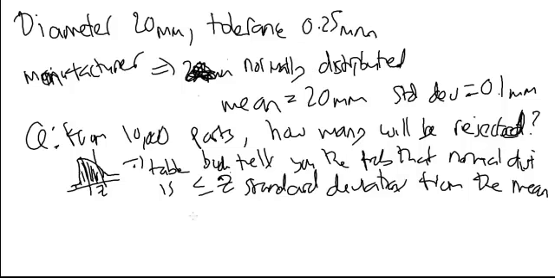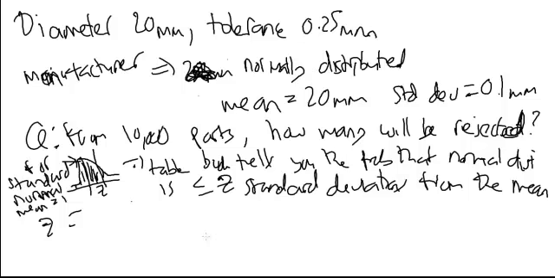So how do we do the question? This table is for the standard normal distribution. That means that the mean is equal to 0, and the standard deviation is 1.